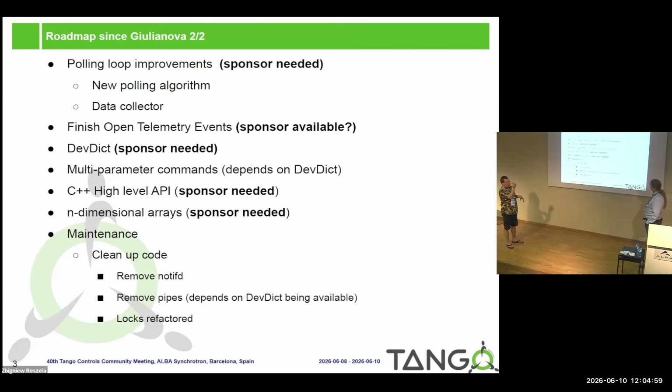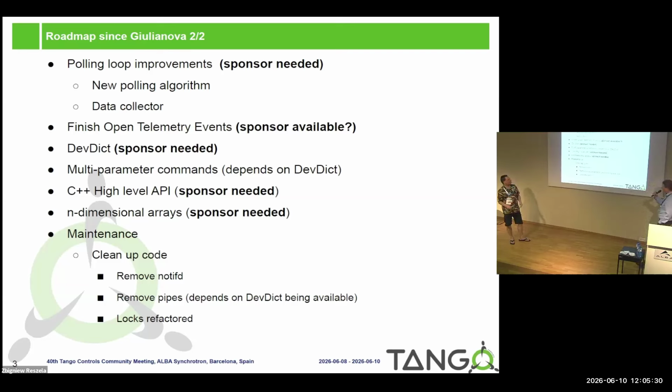Again, the maintenance that I mentioned before, the polling loop, what I just tried to present: the new polling algorithm and the data collector. Please, we think it's important. The group at the SIG meeting thought we really should have that for Tango 11.0 to give everybody a choice and have a sane implementation of the device polling loop.